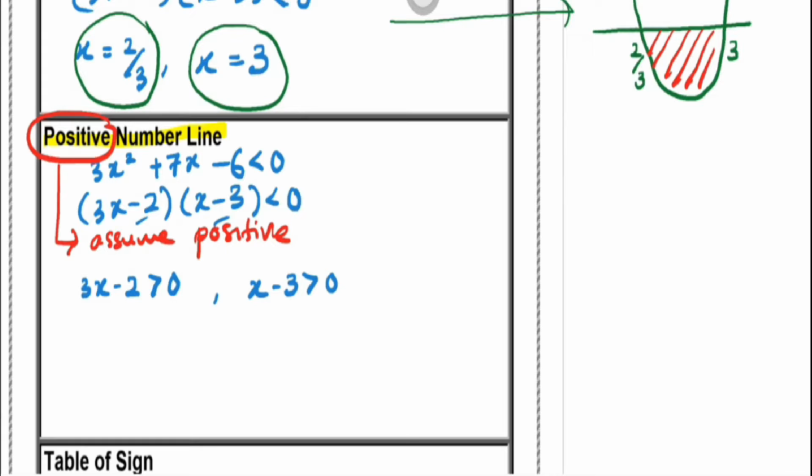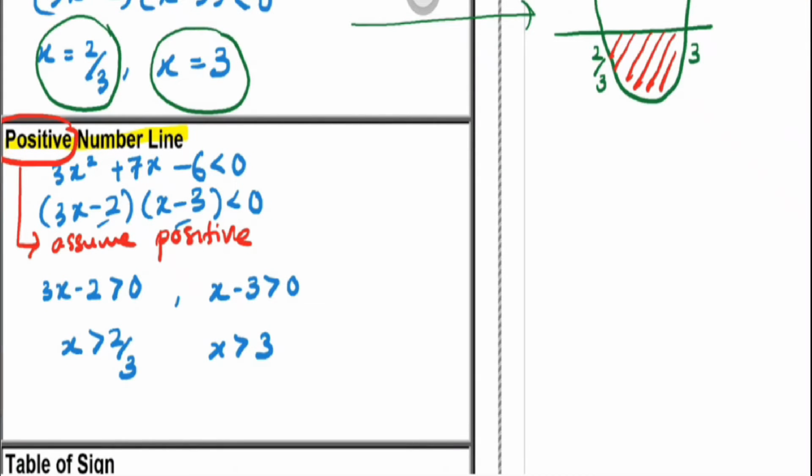Okay, we rearrange and then cari nilai x. Di sini kita akan dapat x greater than 2/3, and then for this one we're gonna have x greater than 3. Okay, once you have these two values, we can draw our number line.